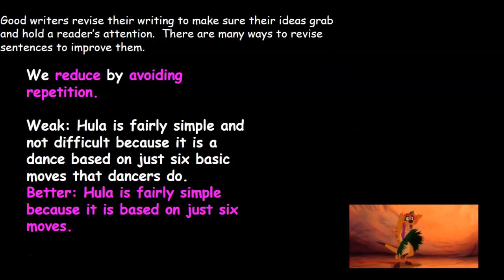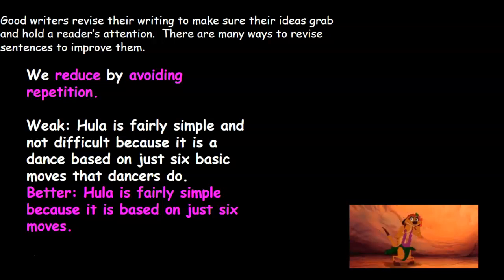Look at this example. Hula is fairly simple and not difficult because it is a dance based on just 6 basic moves that dancers do. All right, if you change this up, hula is fairly simple because it's based on just 6 moves. Because if you say it's simple, it's not difficult, that's really the same thing.